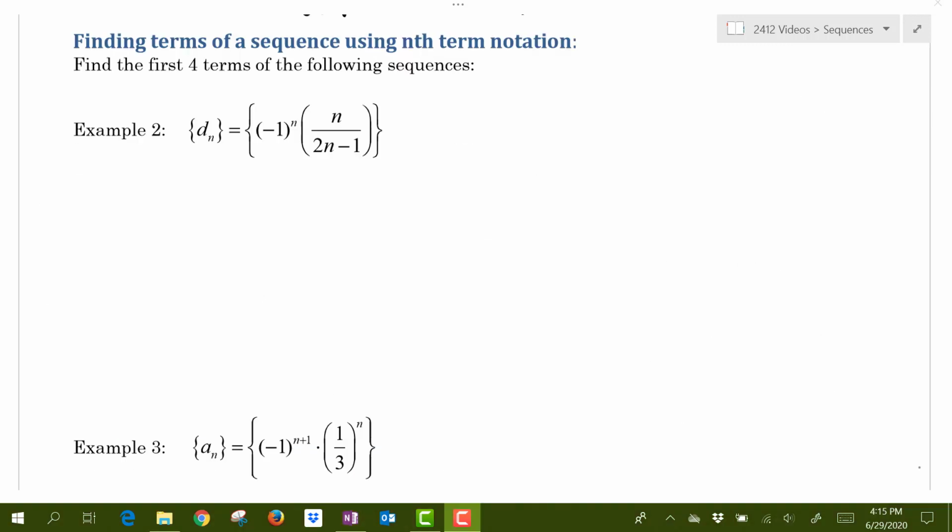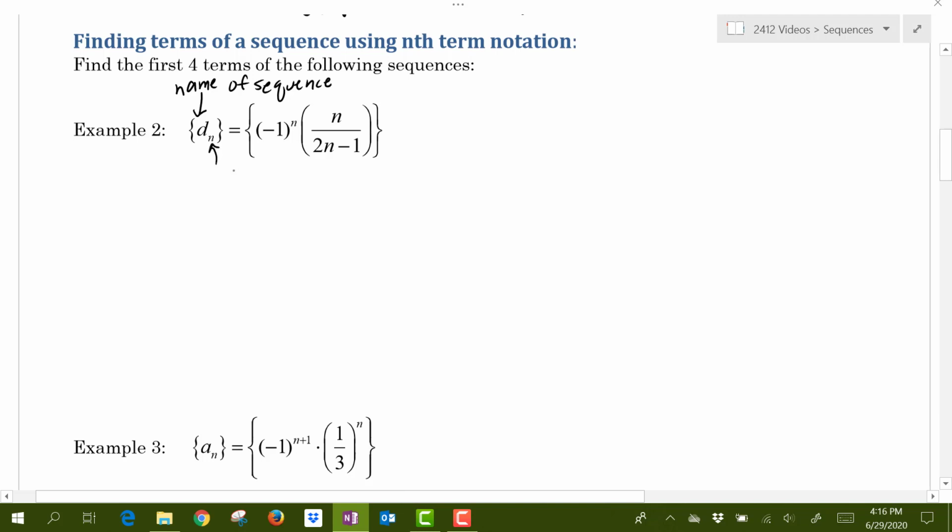Now let's look at a slightly different notation for sequences that we will be using more frequently. Here we have d sub n. D in this case is going to represent the name of the sequence. And sub n, that's what we would call this little subscript.